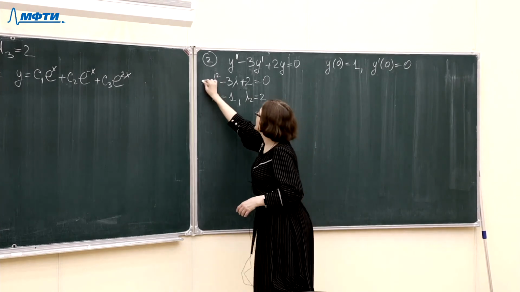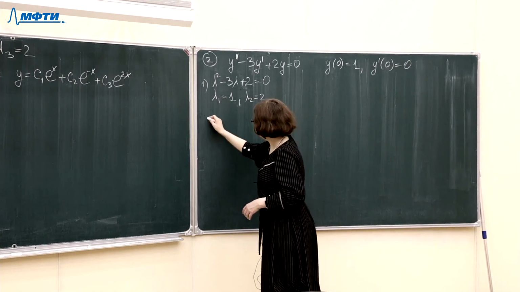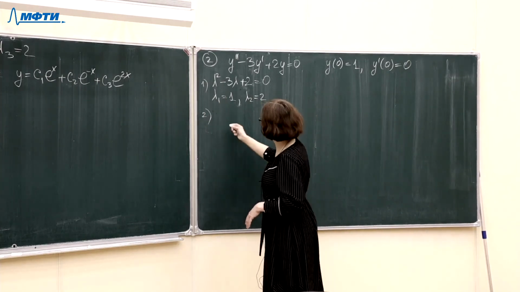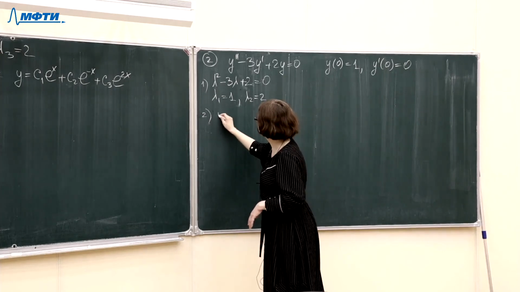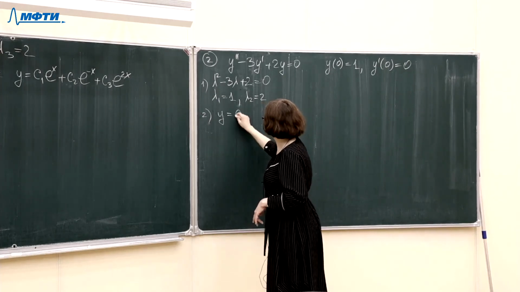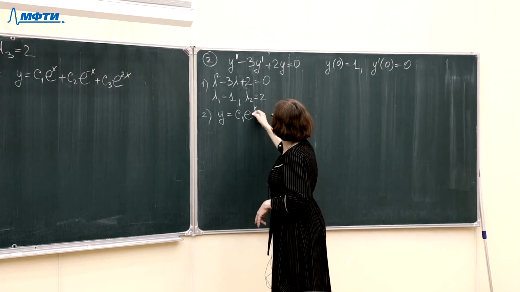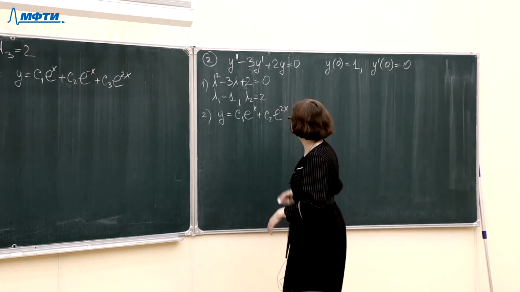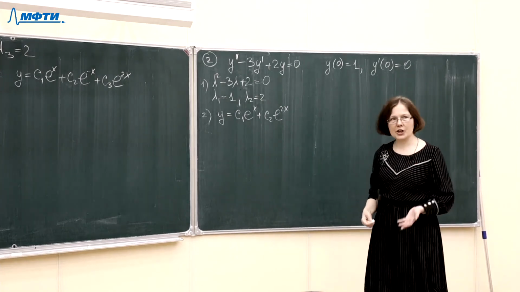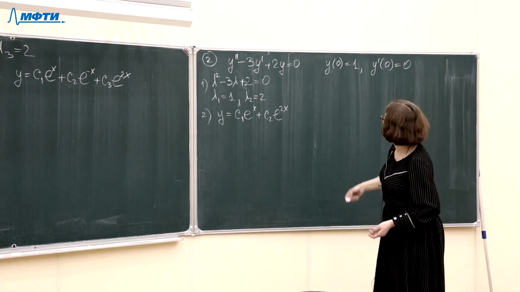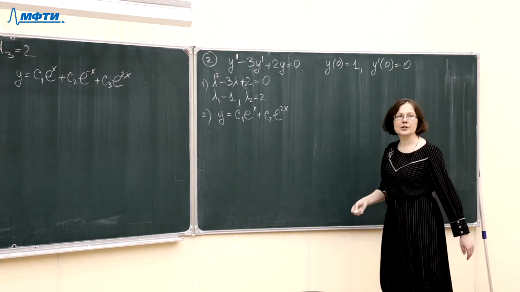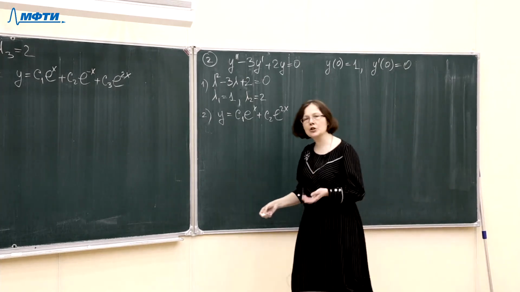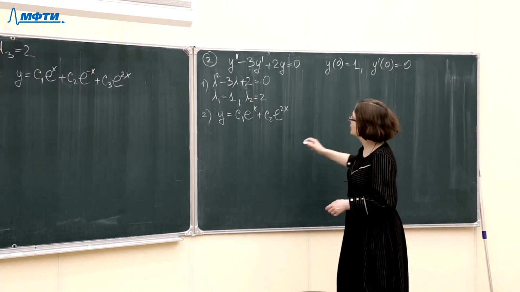Okay, so this is the first step. Then the general solution will be given by y equals c1 e to the power x plus c2 e to the power 2x. And after this, we will use the initial conditions to find a particular solution.